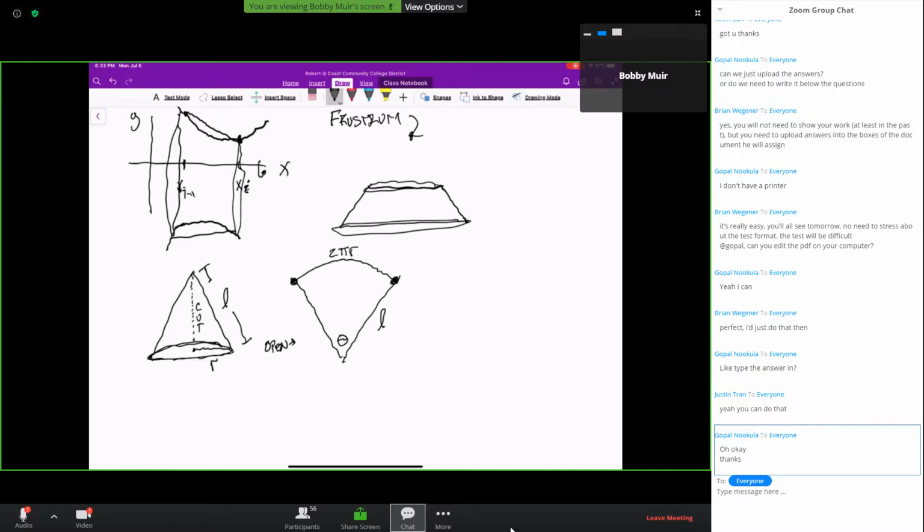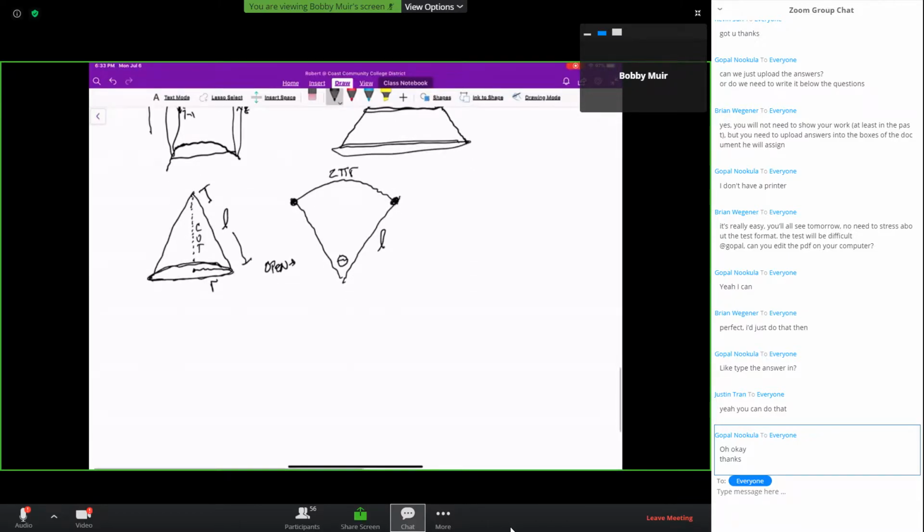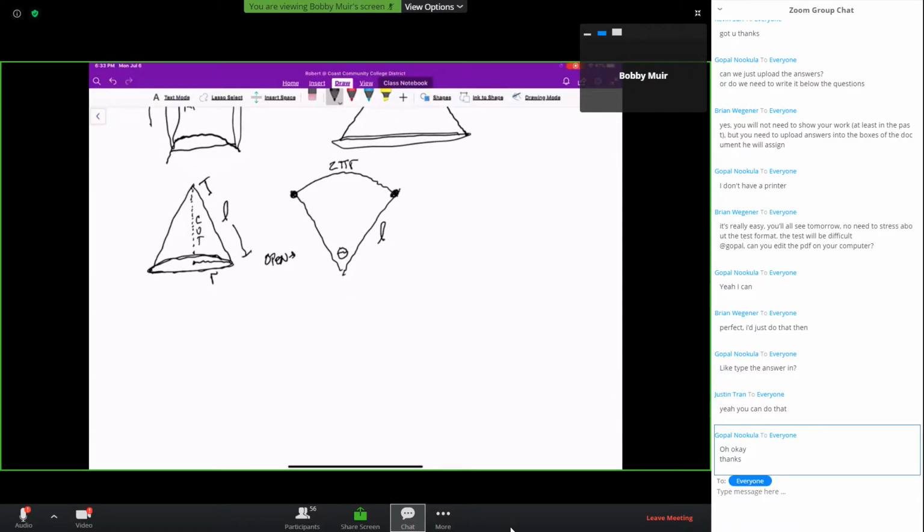All right. So how do we find the area of a wedge of a circle? Let's say this is a pizza, and I want to figure out the area of this pizza. If it went all the way around like that, the area would be pi times its radius squared, and its radius is this L number.